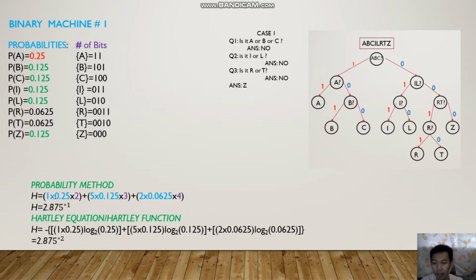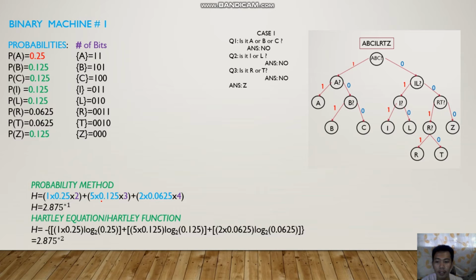So we have here 1 times 0.25 times 2, where 0.25 is the probability, 1 is how many times it occurs in our graph, and 2 is the number of bits.